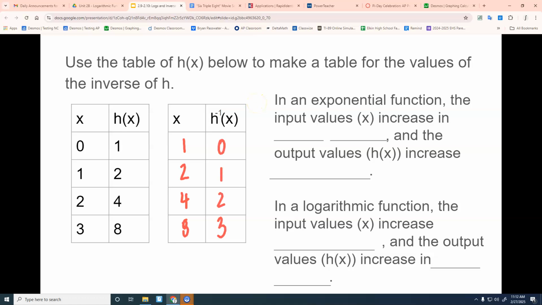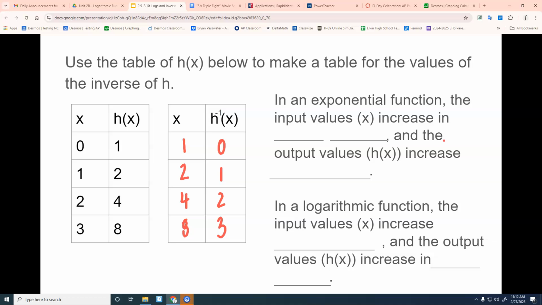So logarithmic tables are going to be a little bit different in how we look at them than all the other ones we've looked at before. So in an exponential function, the input values increase by the same amount each time.